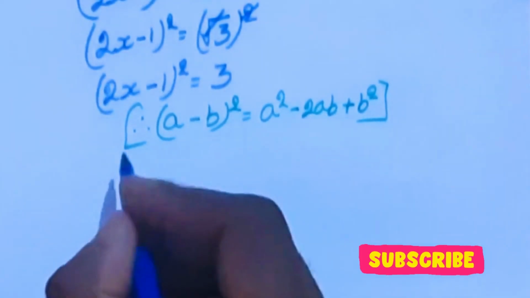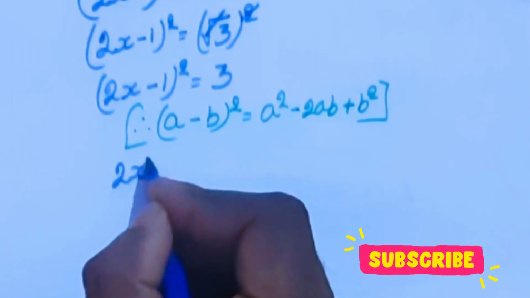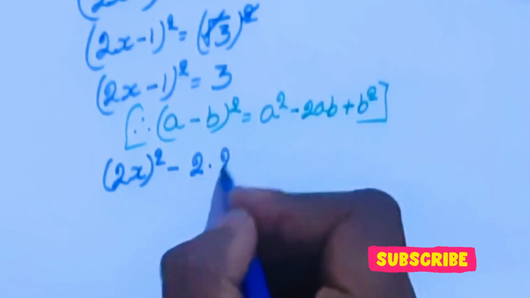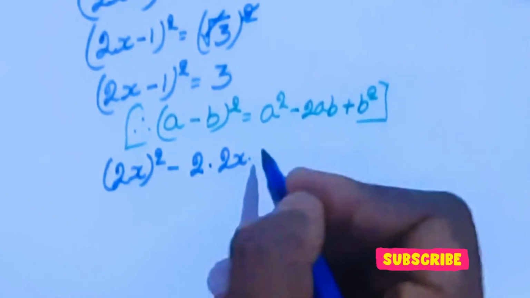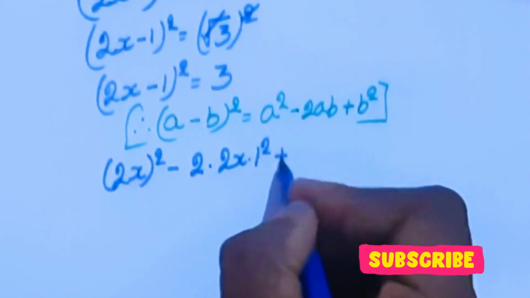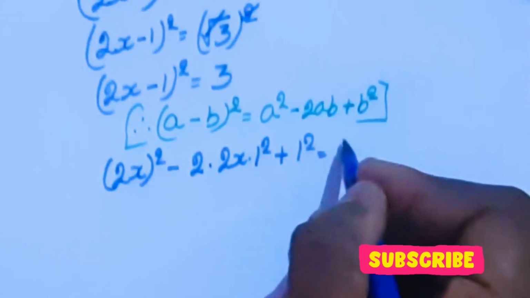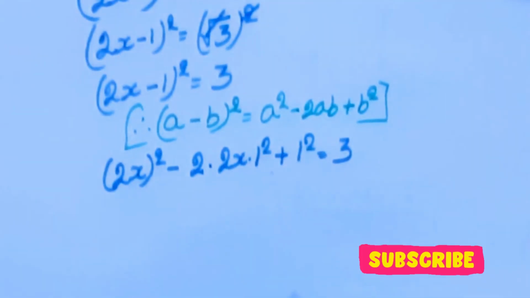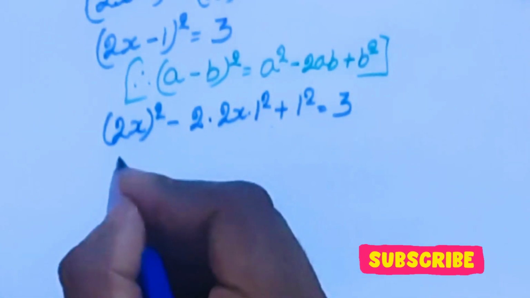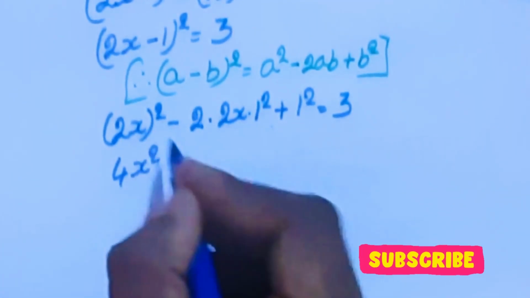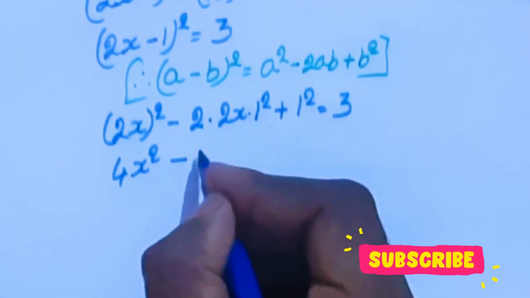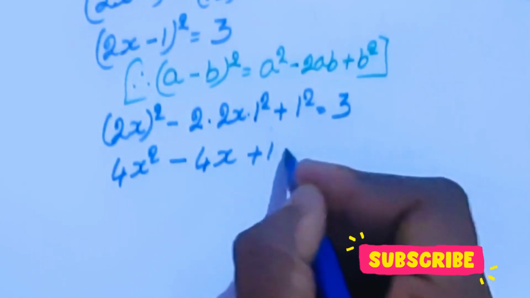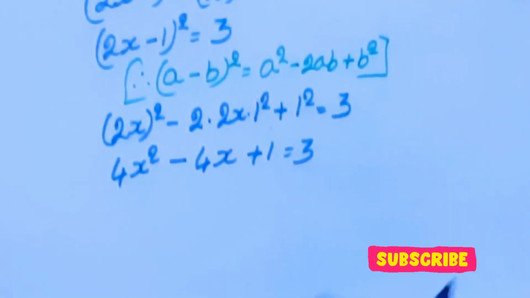So (2x)² − 2 times 2x times 1 + 1² = 3. We applied this formula here, so we got this. So 4x² minus 2 times 2 is 4x, plus 1 equals 3.